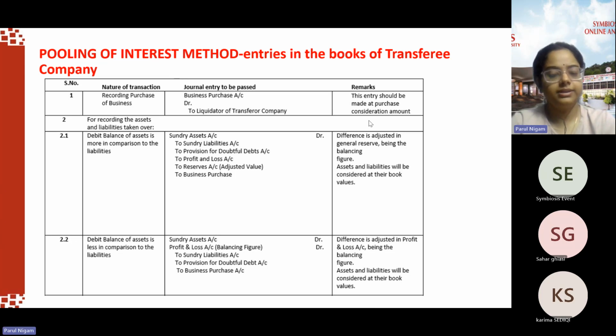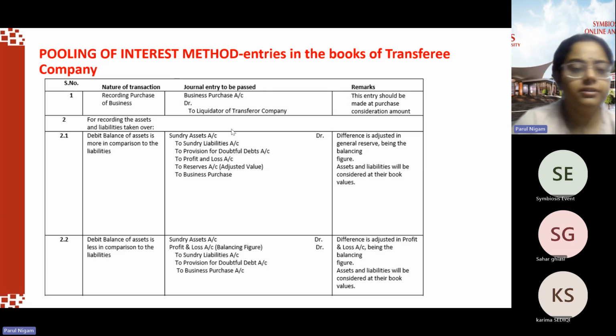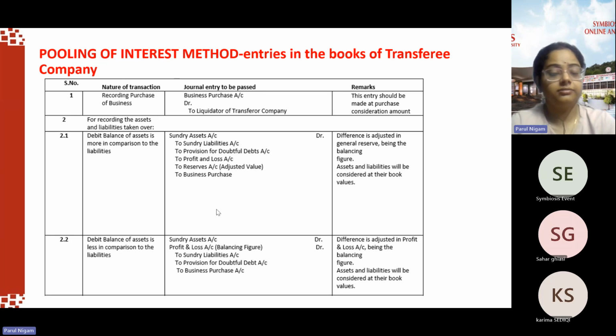Now for recording the assets and liabilities taken over, the scenario is that assets are more in comparison to liabilities. It's a favorable situation. So whenever you're taking over the assets, you debit those assets in your books.